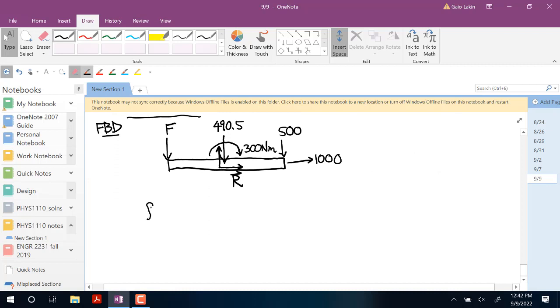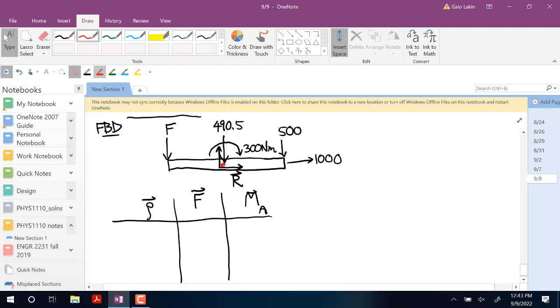So now I'm going to write out a row force moment table. We have to choose what our about point is going to be. I'm going to put the about point here at the center. And the reason that is going to simplify the math a little bit, conceptually it doesn't change anything, but it simplifies the math a little bit because that weight force acts straight through the about point, which means it produces zero moment.